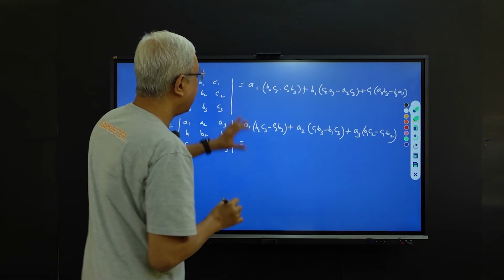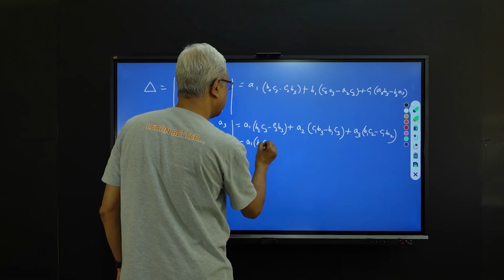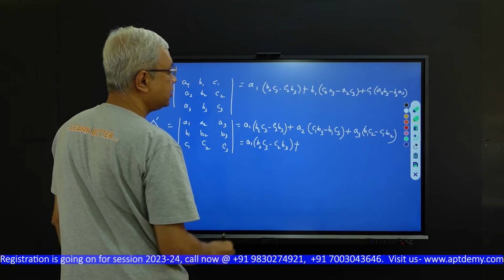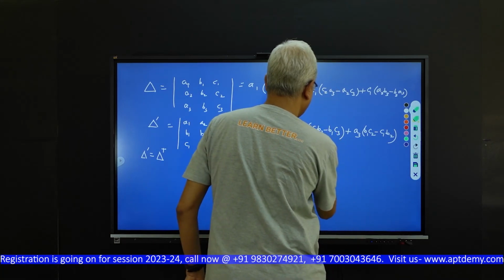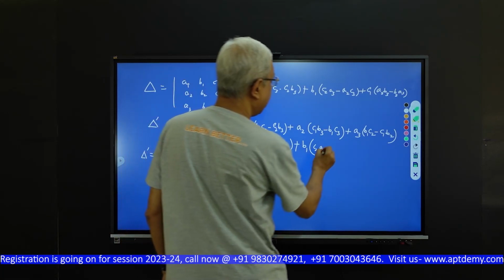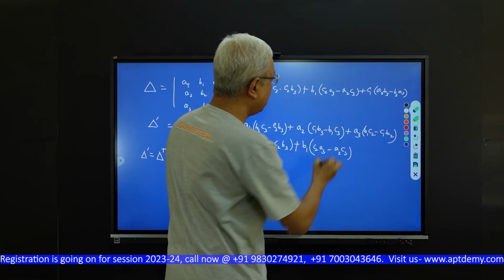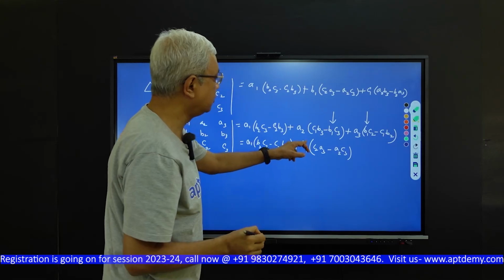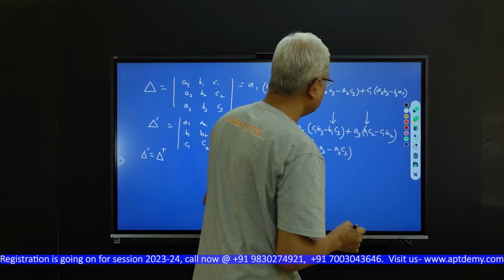So it is, I keep this term as it is, A1 (B2 C3 minus C2 B3) plus, if I write B1 (C2 A3 minus A2 C3), because I have taken this particular term and this particular term and taken B1 common, therefore A3 C2 minus A2 C3.